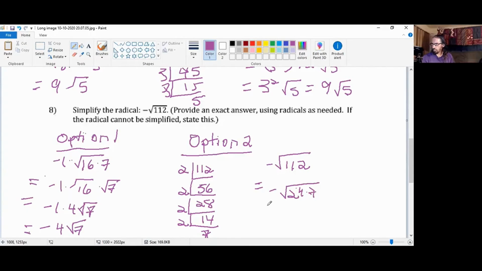And as we saw in the last example, if we apply the product rule, that 2 to the 4th, when we take its square root, that's really the same as raising it to the 1/2 power.